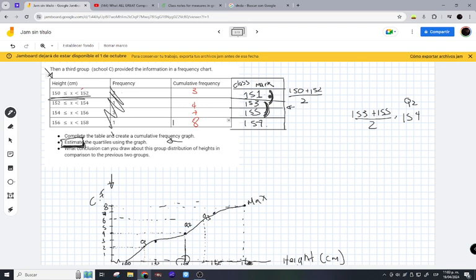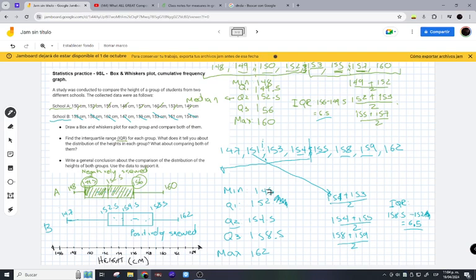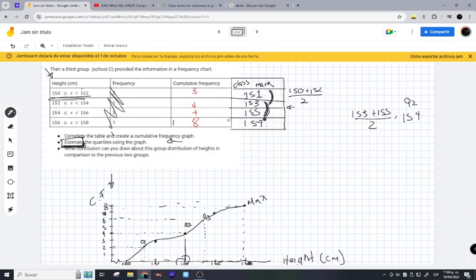Now, what about Q1? We take these two. Remember, if it was a wider set of data, you should make sure that it's the two values in the middle of this half, just like when we did this, but with class marks.